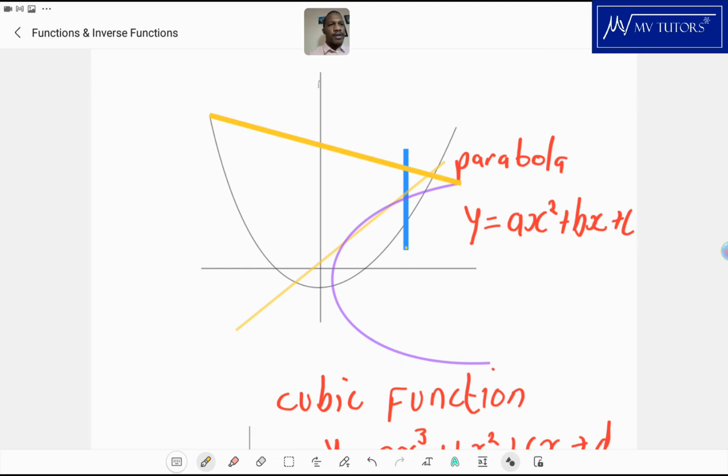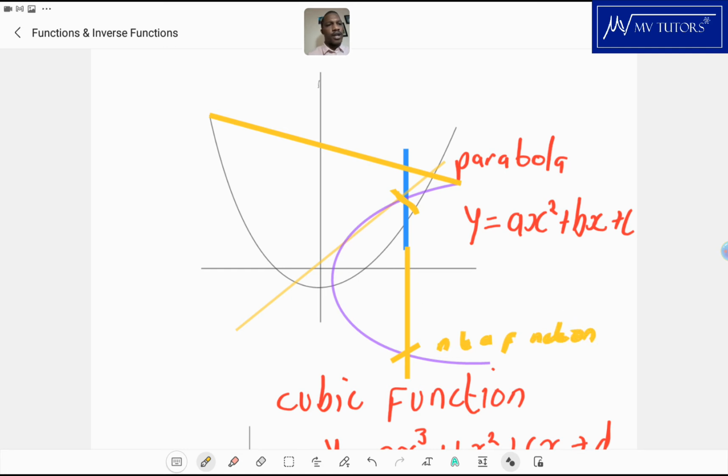If you apply a straight line over here, you can see it touches two places, 2 points. It touches over here, and also it touches over there. So it means the inverse of a parabola is not a function. Okay, it's not a function.